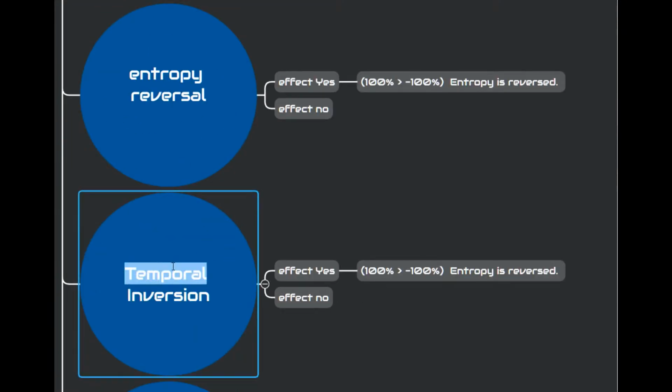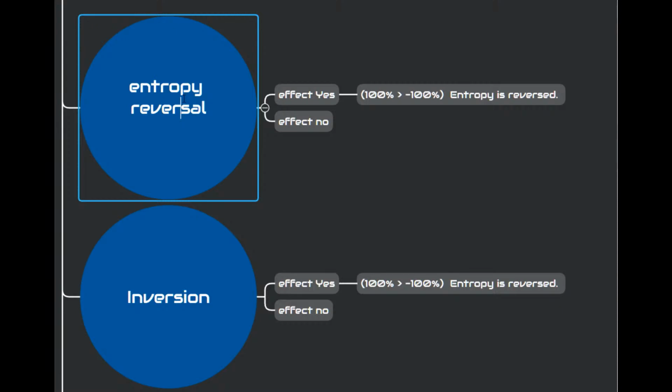We'll just call this inversion, because we're going to go with the Christopher Nolan version of it, which is when its time scale is reversed completely to 100%. So that's inversion.